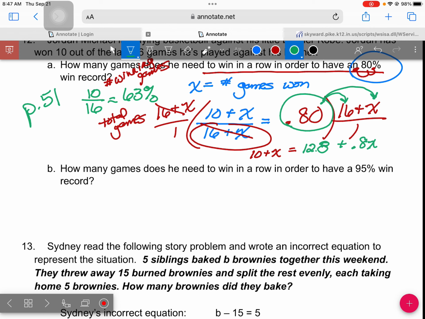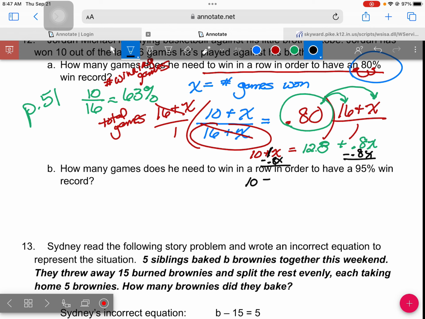Whenever you have this situation, you're trying to get your X's to one side, your numbers to the other. So this is the smaller of the two. I'm going to subtract 0.8X from both sides. This is a 1 in front, even though there's no 1 there.